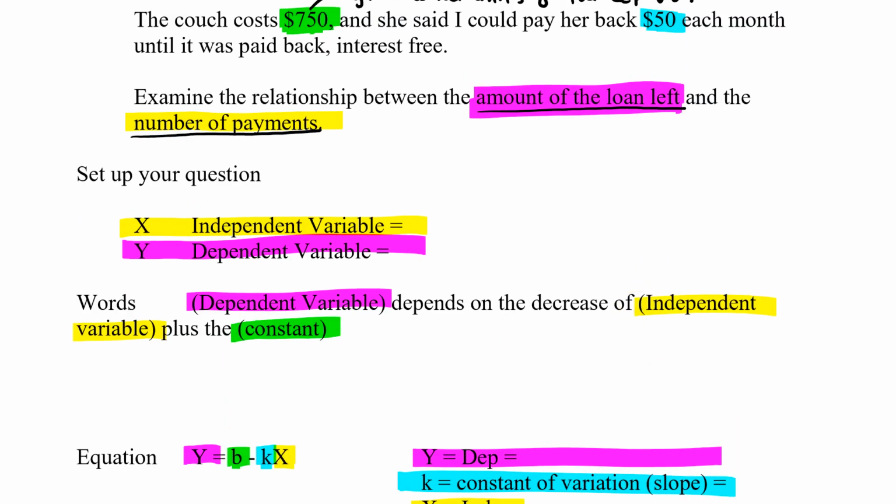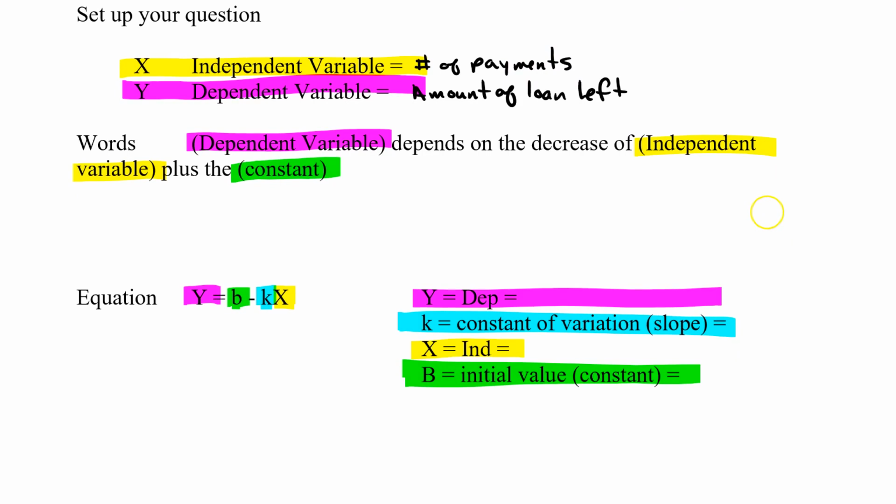So, if we were to answer this question right here, we know that our dependent variable is going to be amount of loan left. And we know that the independent variable is number of payments. So if we were just to use words to describe this, we would say the amount of loan left, let's just call that the balance because we know that from the first unit.